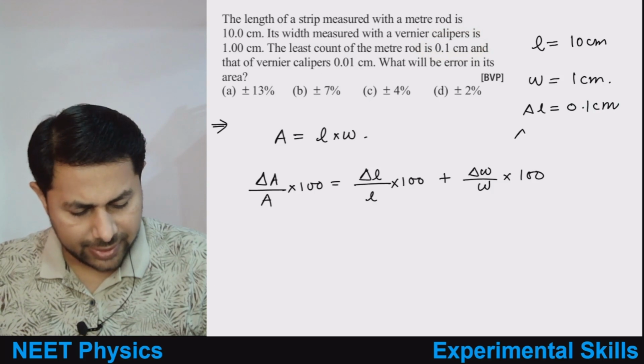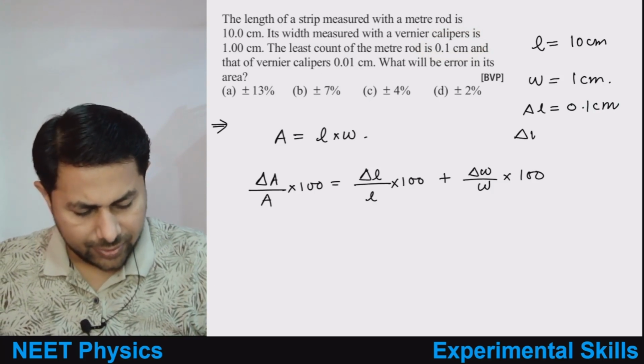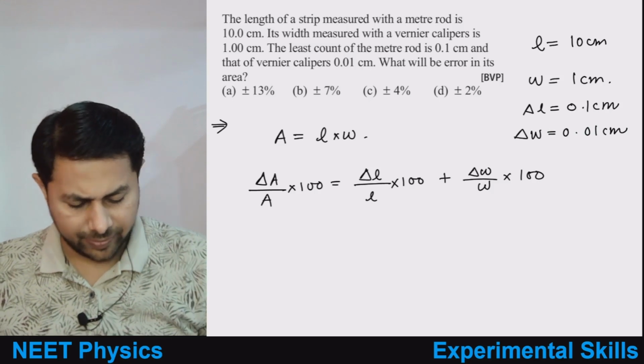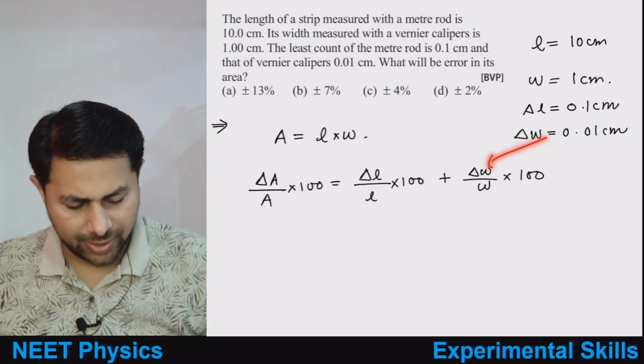And what is the least count of Vernier scale? Delta W is equal to 0.01 centimeters. Then put these values in this formula.